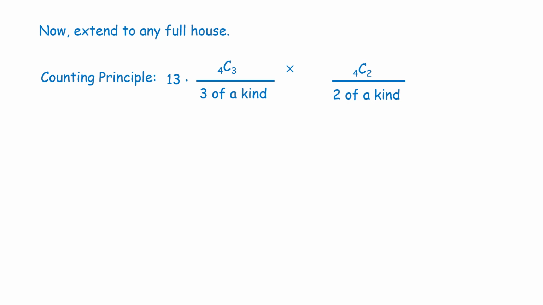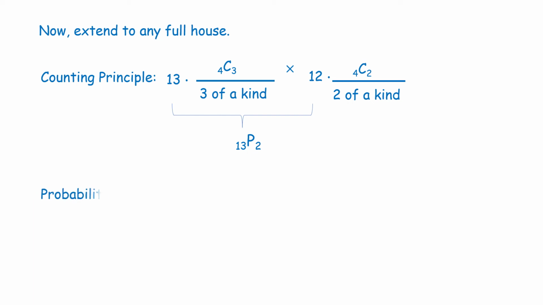Now, if you do get a 3 of a kind, in order to get a 2 of a kind, it cannot be of the same number or type for which you got the 3 of a kind, so only 12 are left to choose from. So you got 13 different to choose for the 3 of a kind, and then 12 because you have one less. The product of 13 times 12 is also 13 permute 2.